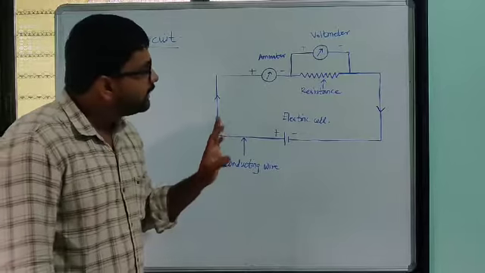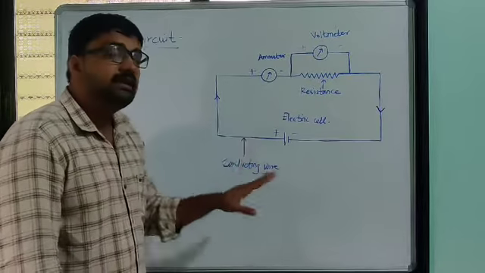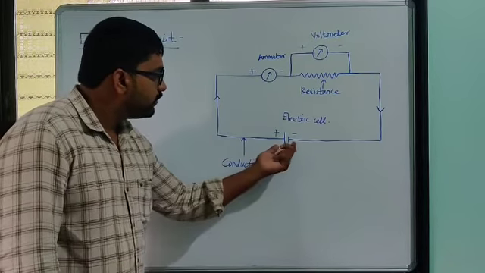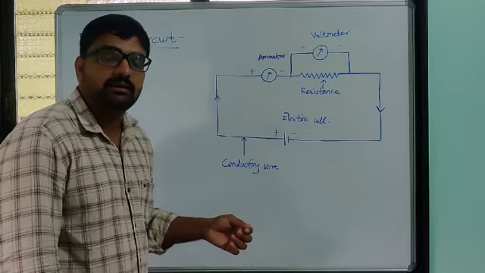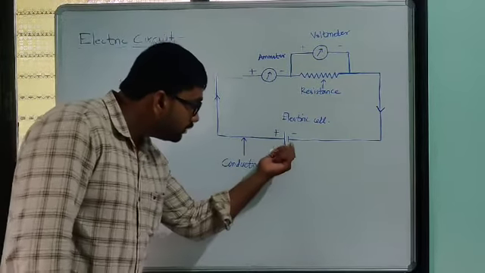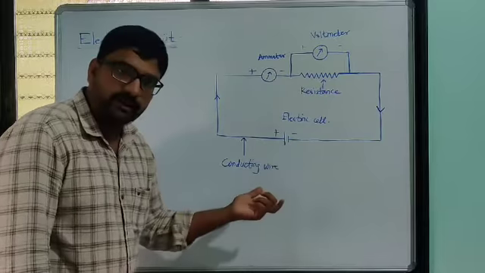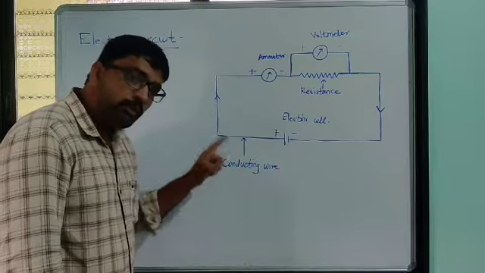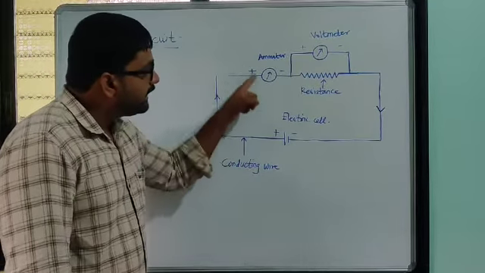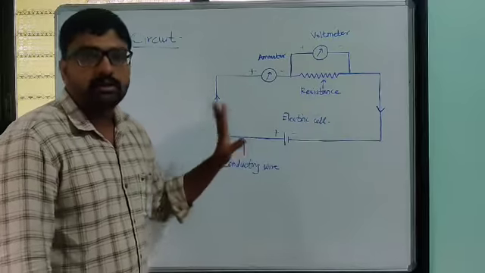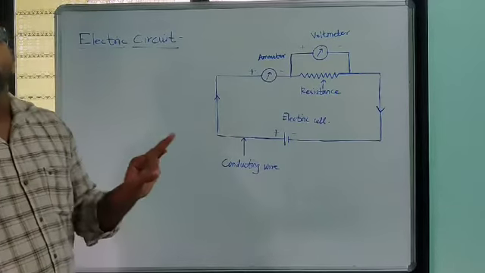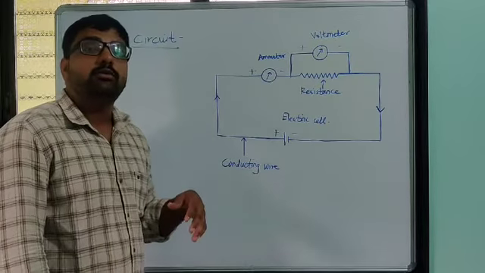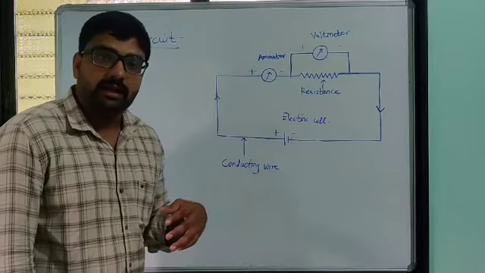A continuous flow of electric current between two ends of a cell or battery, by using connecting wires and by connecting electric components, is simply called the electric circuit.